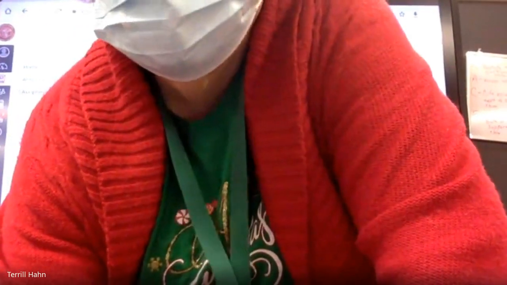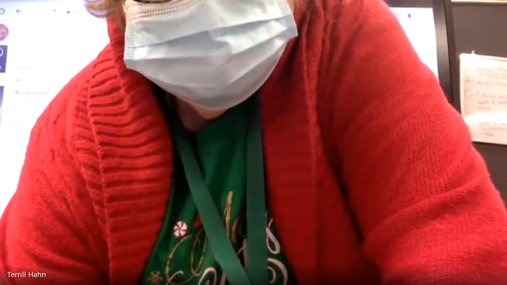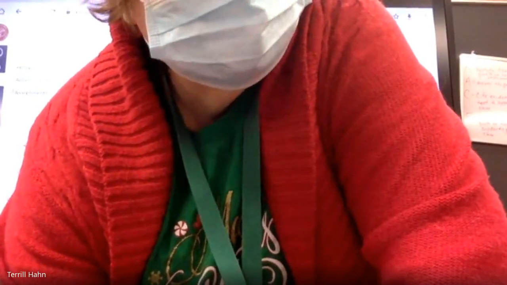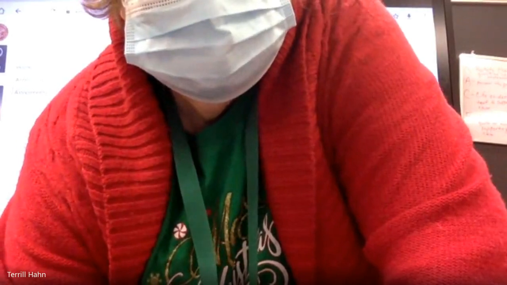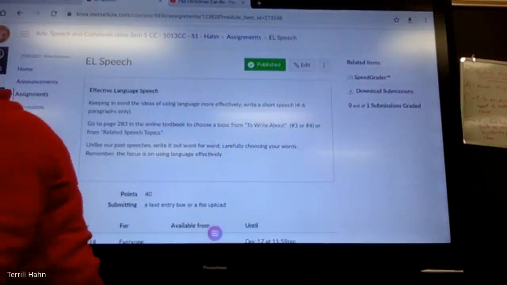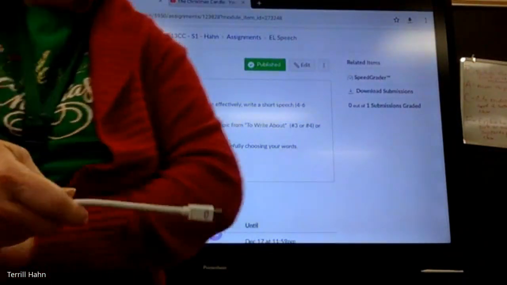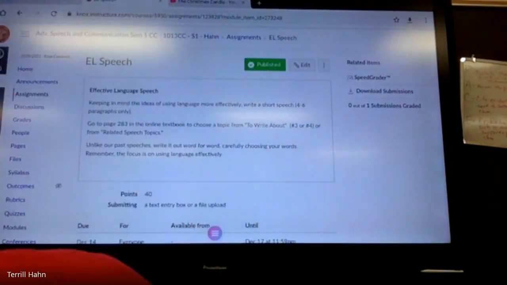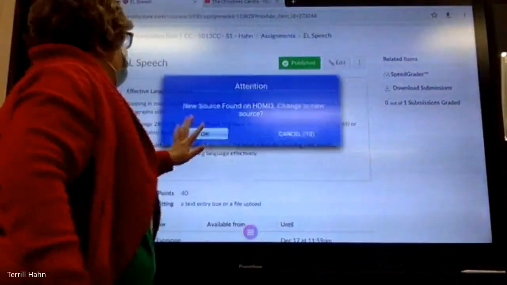Where's the book? All right. I had it open to that. Come on. Oh, that's not the right book. This one. Okay, here it is. I'm just going to pull this up on the board like this, because I already have it open.